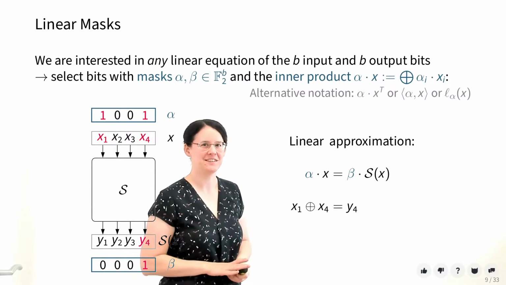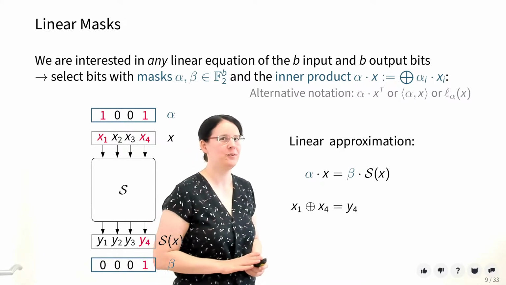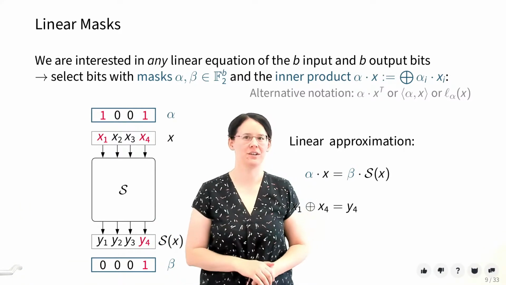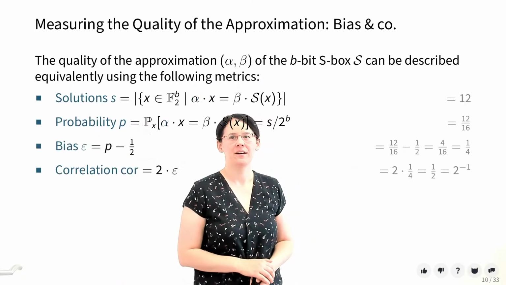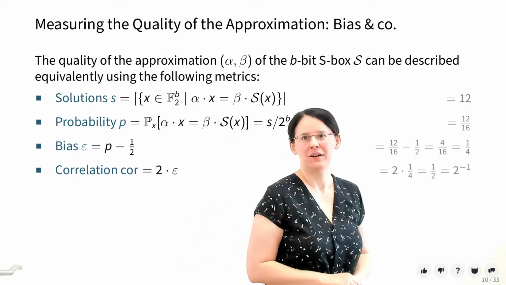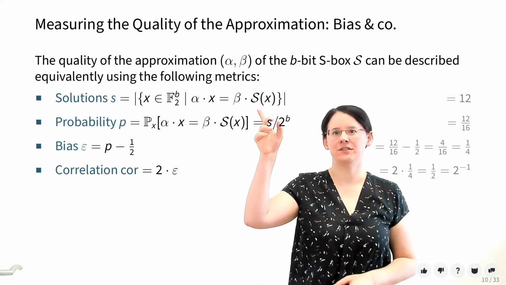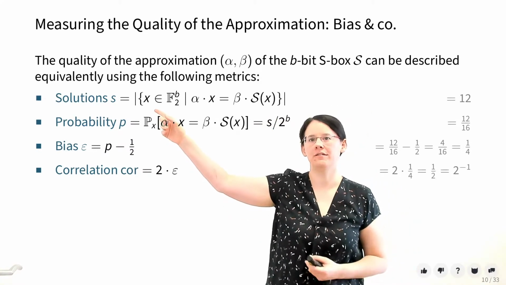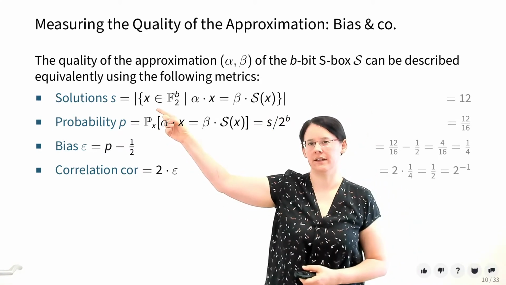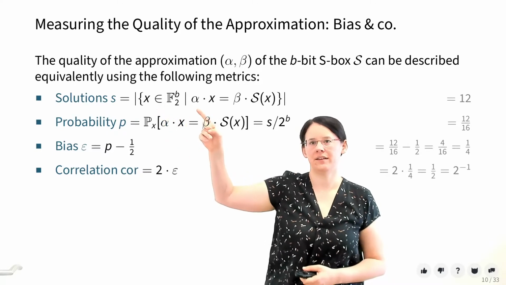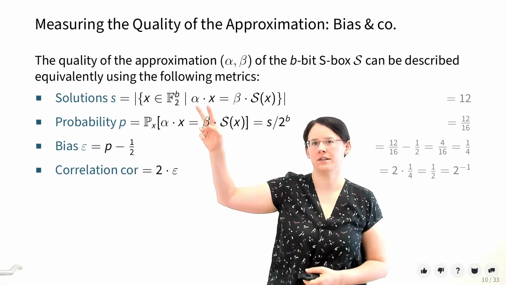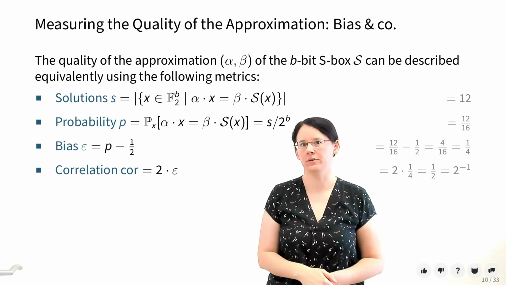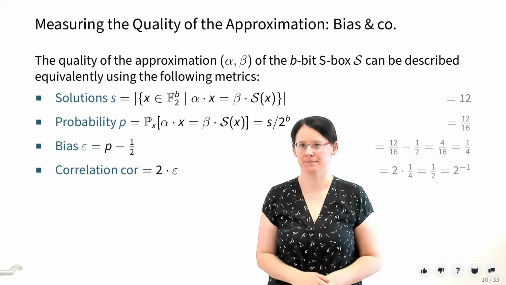And unfortunately not only of notations, but also of metrics, how we measure how good a characteristic is. We've seen one metric so far. We've counted how many solutions there are. So we've looked at how many concrete values of the input satisfy the equation that mask times input value equals output mask times output value. And we counted 12 solutions.